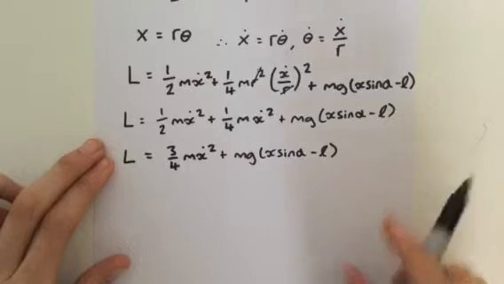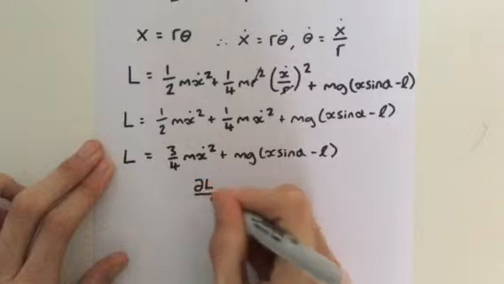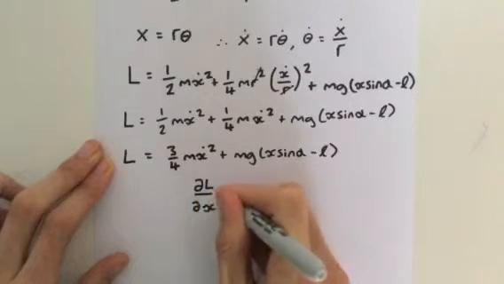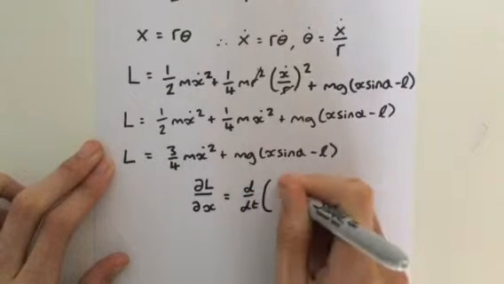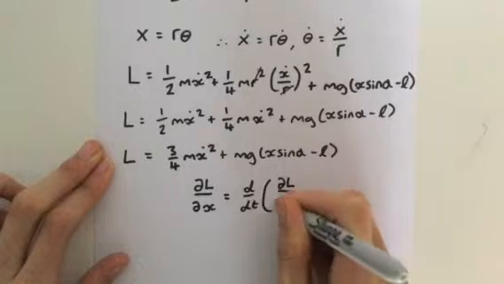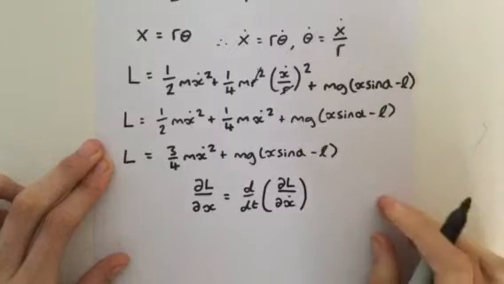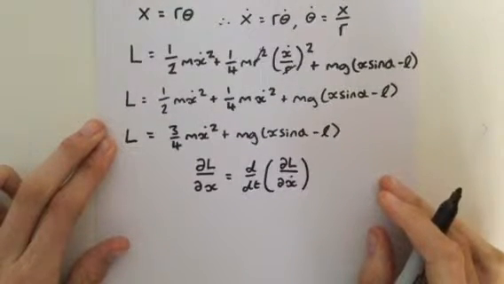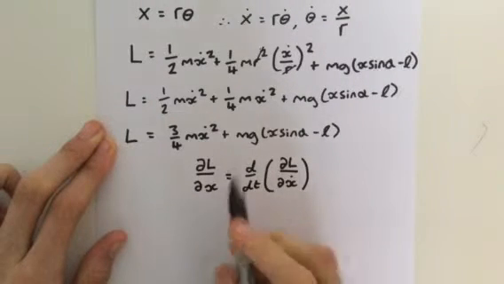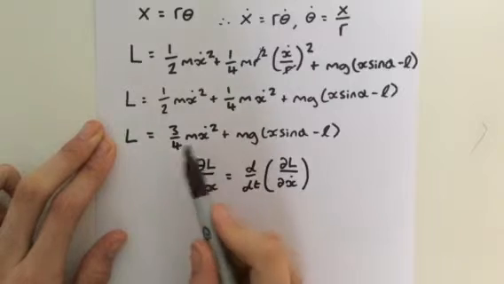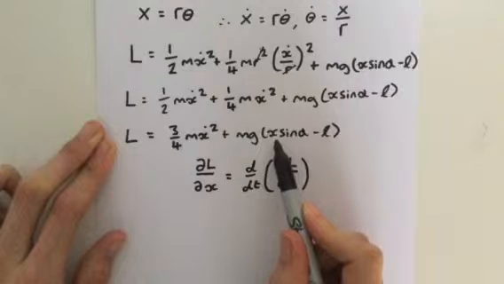So, in case you've forgotten, our Euler-Lagrange equation says that the partial of our Lagrangian with respect to our position x is going to equal the rate of change of the partial derivative of L with respect to our velocity x dot. Right, so where is x in the Lagrangian? Obviously, that's x dot, so that's going to become a constant. We have x on this side.